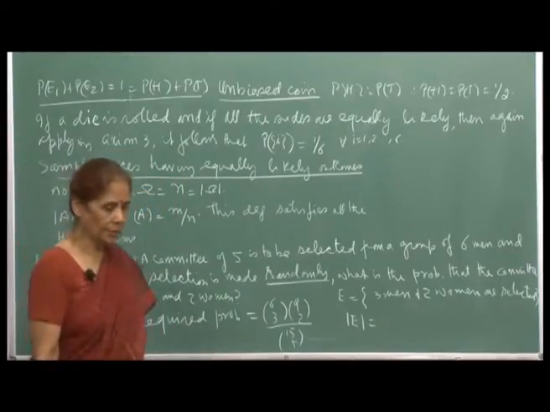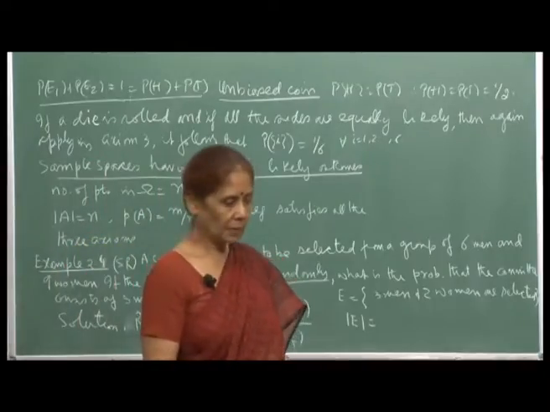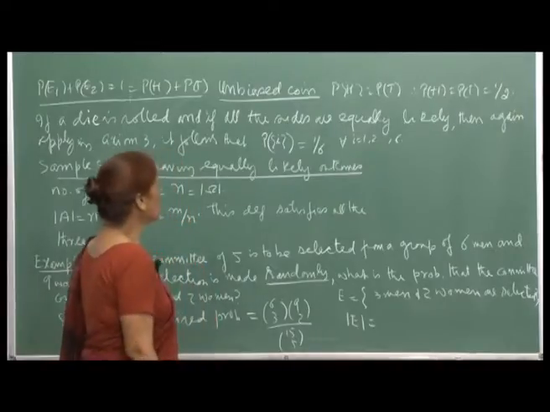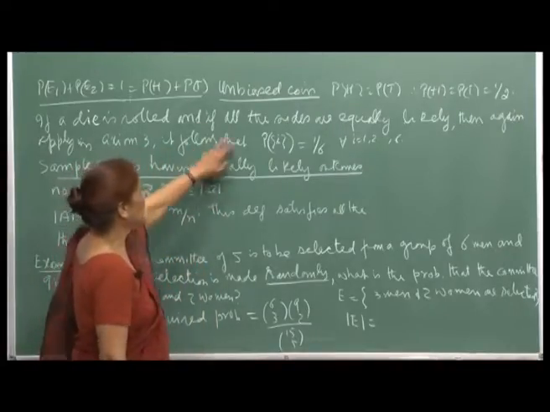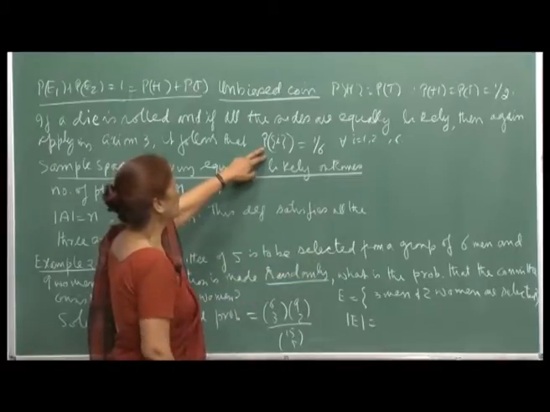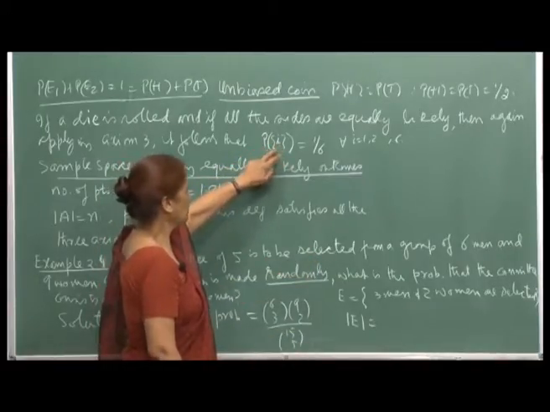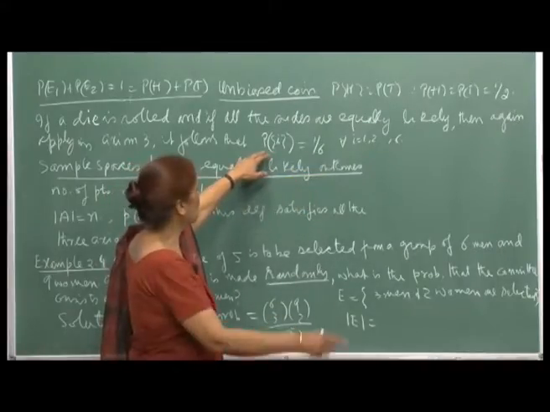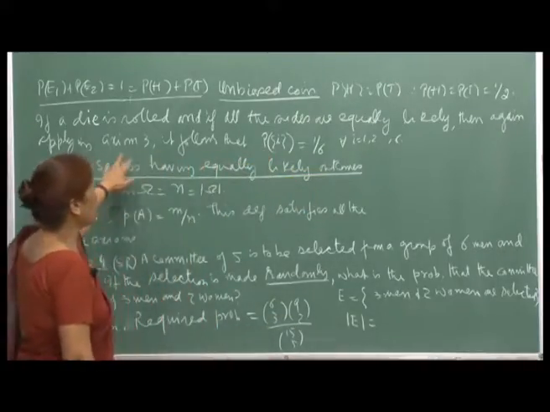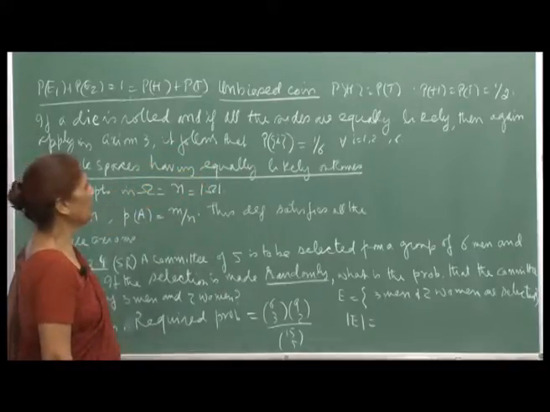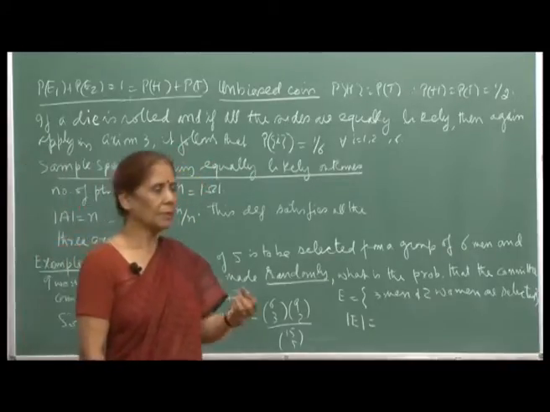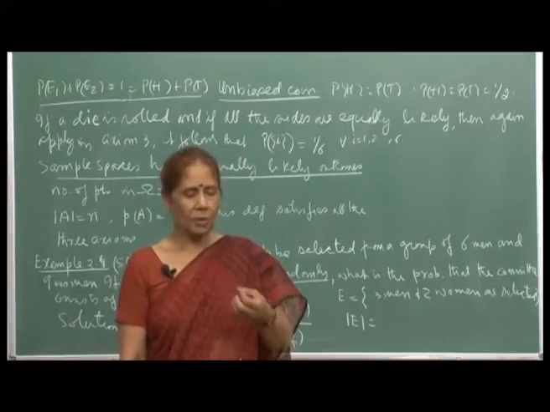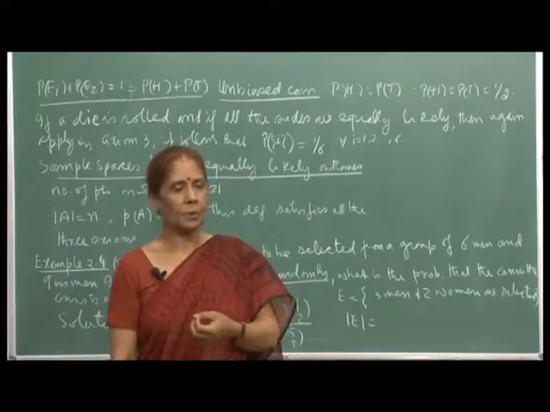Similarly, when a die is rolled, any of the 6 numbers can show up. Here again applying axiom 3, the probabilities of all numbers showing, P1 plus P2 plus up to P6, should be equal to 1. Since we are again saying that all sides are equally likely, probability of P1 is equal to probability of P2, equal to probability 3 and so on.